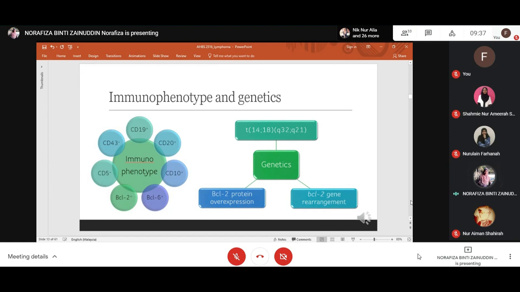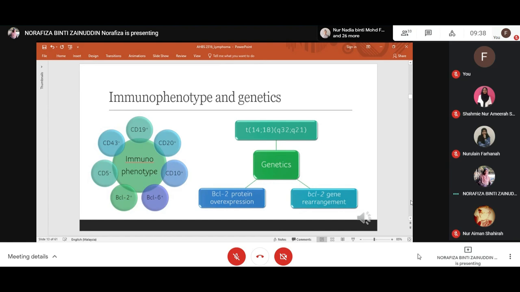In all cases, there is CD19, CD20, CD10, monoclonal immunoglobulin, as well as cytoplasmic expression of BCL2. And the majority of cases have the 14;18 translocation, yeah? Also involving the IGH BCL2 gene rearrangement.